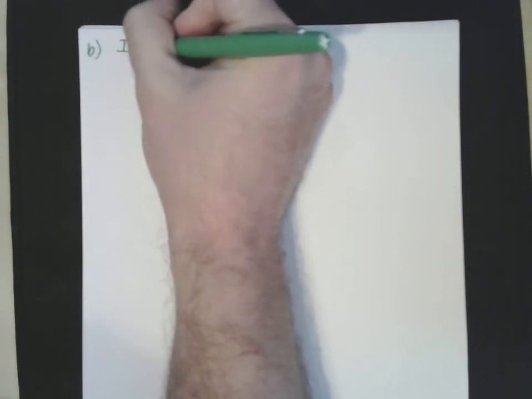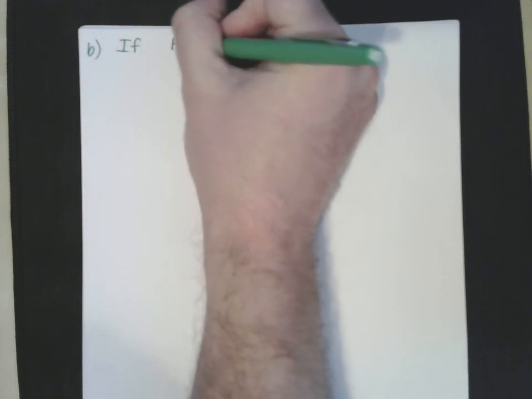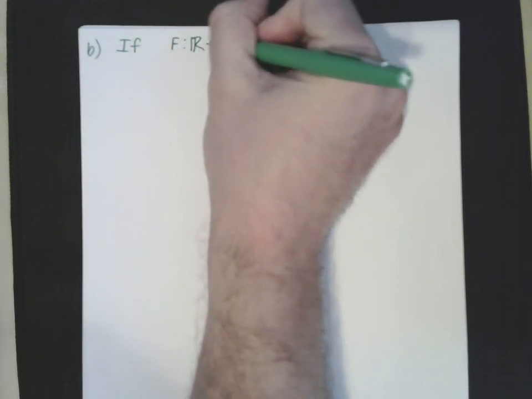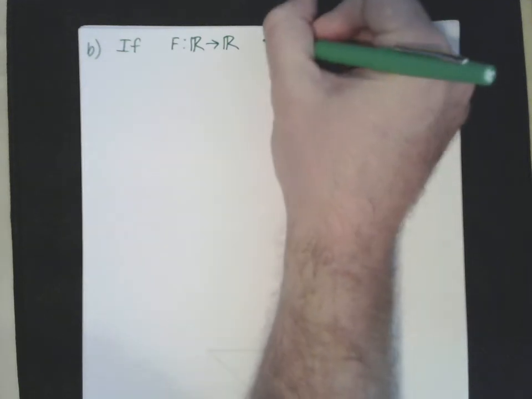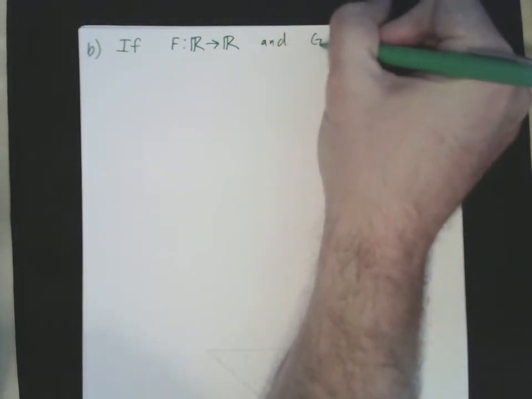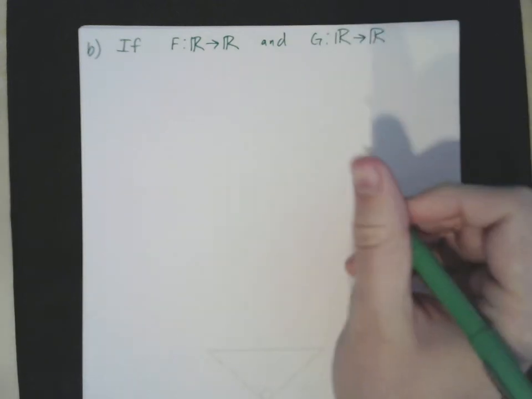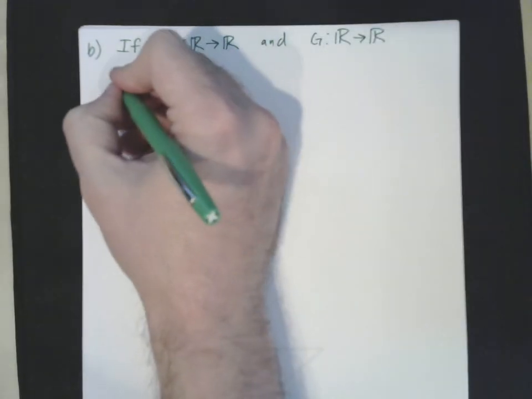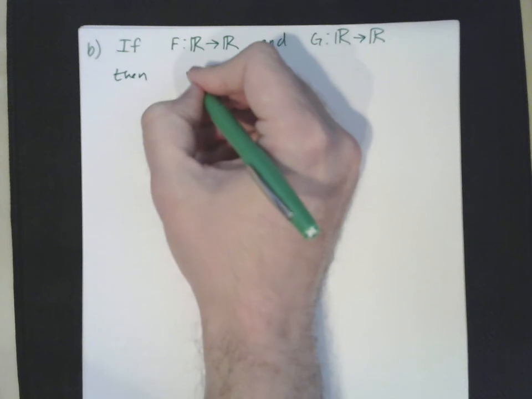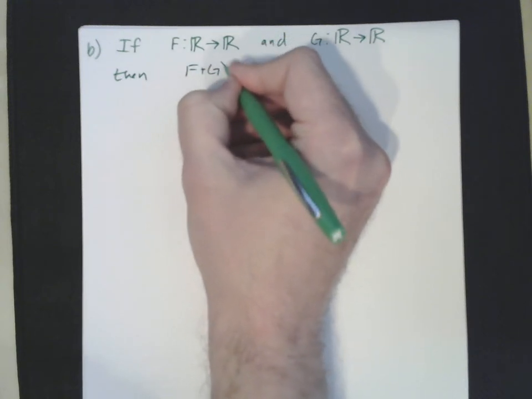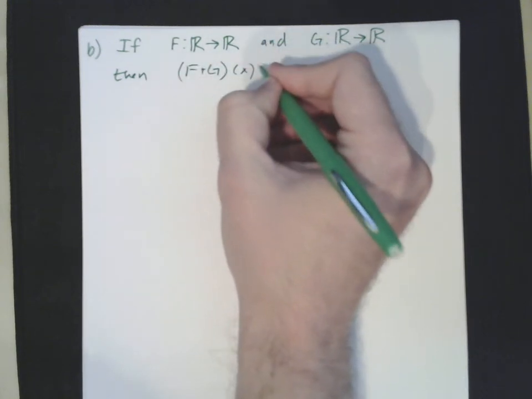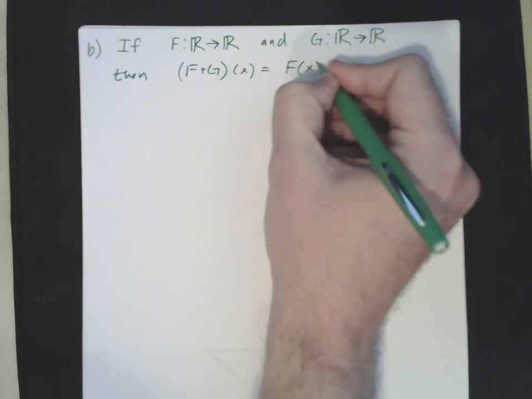So this would be part B. If f maps reals to reals and g maps reals to reals, then we know that f plus g of x is f of x plus g of x.